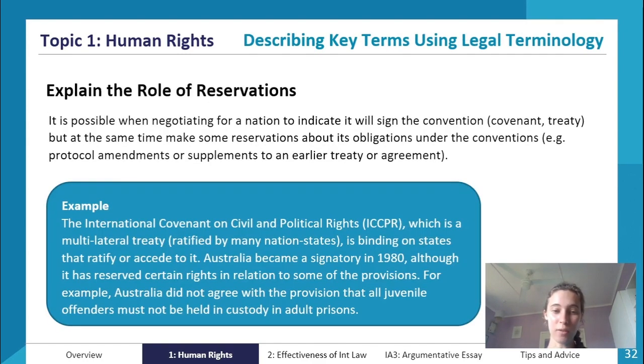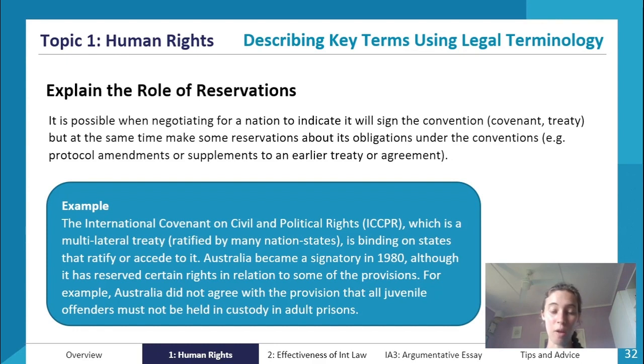The role of reservations. This is something that is relevant to Australia as well, and we'll have a look at an example in a moment. So when you're negotiating for a nation to sign a convention, covenant or treaty, whichever word, it's possible to have some reservations, in terms of saying, no, we don't want to do that particular part of the convention.